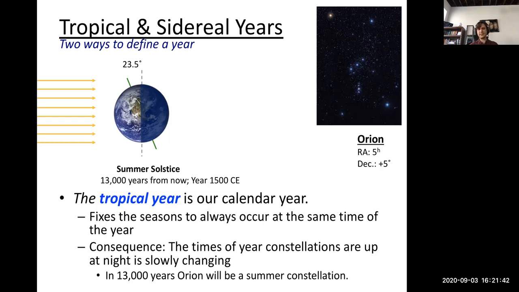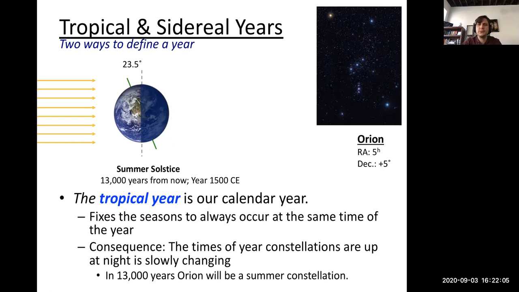Because we've fixed all the seasons to our calendar, our seasons are still occurring at the same time of year. But in 13,000 years, this would still be June, but now it's the nighttime that we can actually see Orion.